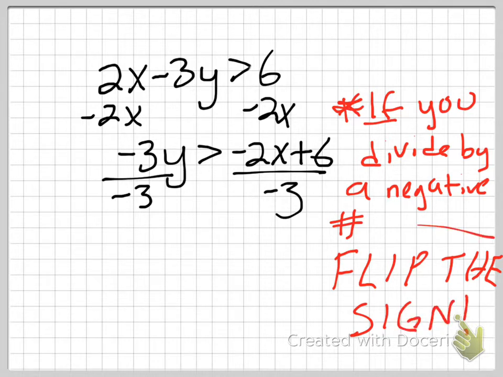So this is something that happens every once in a while when you solve linear inequalities, because it's not an equal sign, it's an inequality.